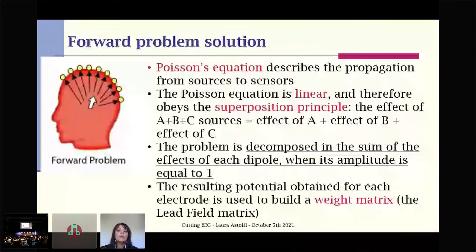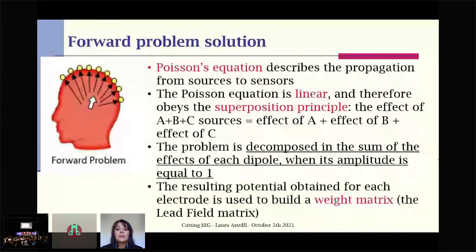Finally, what we do is exploit the fact that the propagation from sources to sensors is described by Poisson's equation. Poisson's equation describes the propagation starting from the activation of a dipole and using the model previously described.